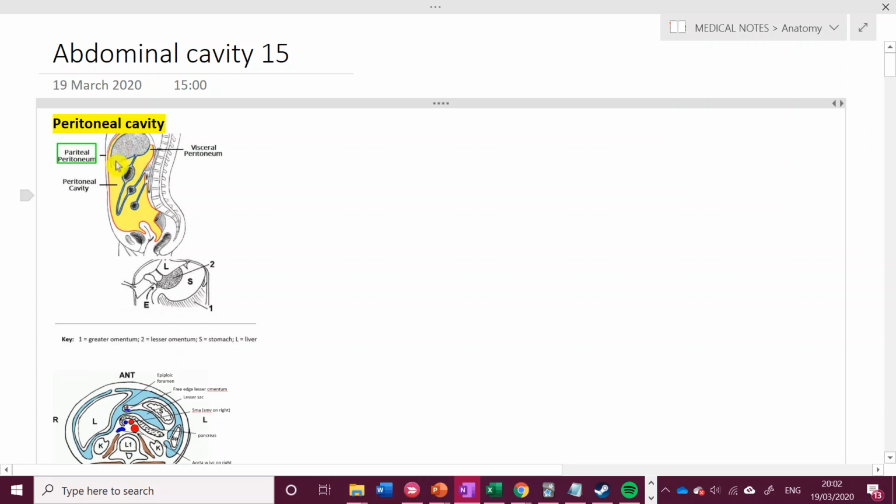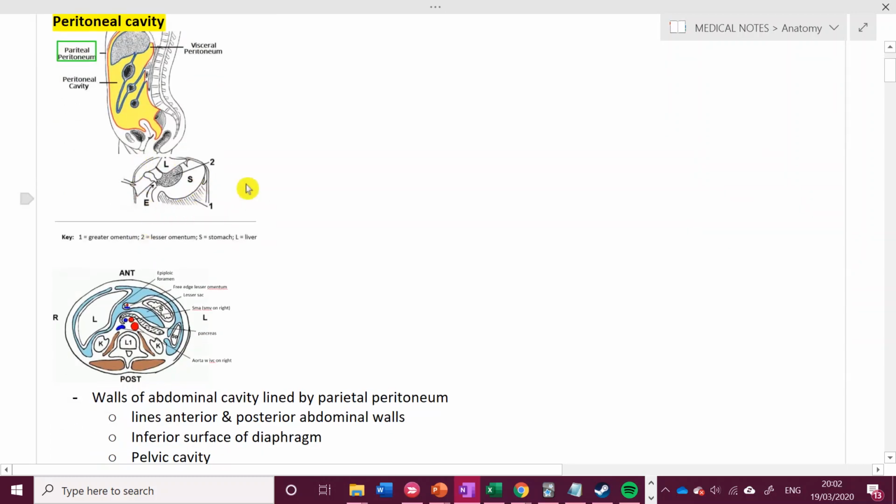So we have the visceral peritoneum lining the organs, you've got the liver, stomach and intestines, and then you've got the parietal peritoneum lining the outside. So that forms a space called the peritoneal cavity, and we can see that here as well.